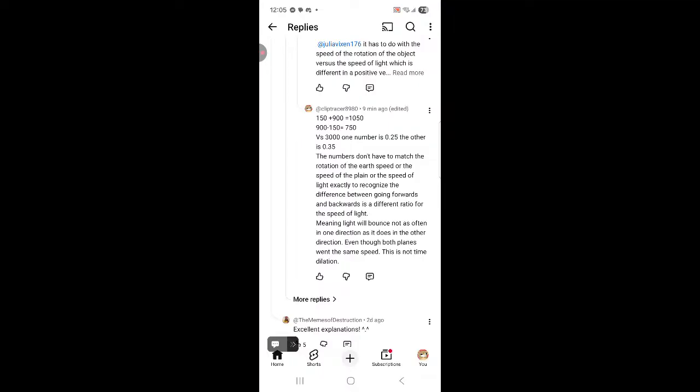Meaning, if you have a certain area that it has to bounce back and forth, the one going with the speed of light, and I've already mentioned all of this in other comments and videos, done this 3 times now, the one going with the speed of light, I think, is the 0.35, and the one going with the rotation of the Earth is a 0.35.